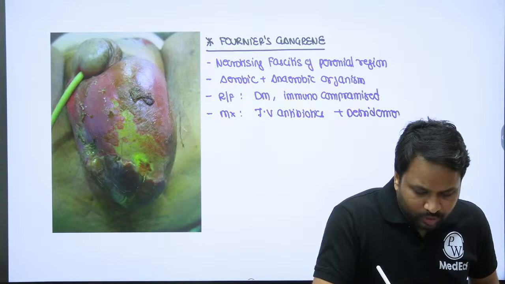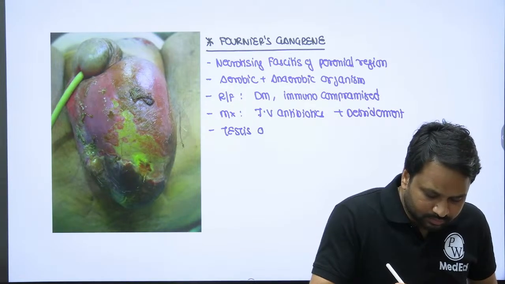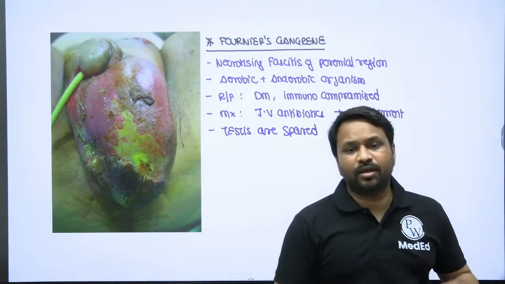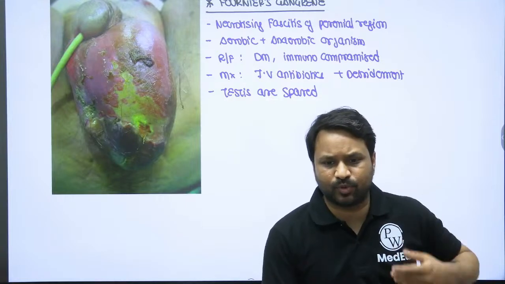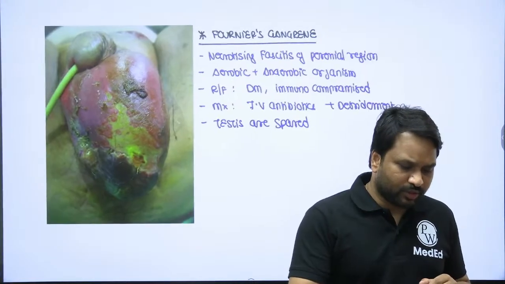As an important note, remember testes are spared. In Fournier's gangrene, testes are not touched; they are spared. So this is also called the shameless testes, no? Because the testes are getting exposed. So this is about your Fournier's gangrene.